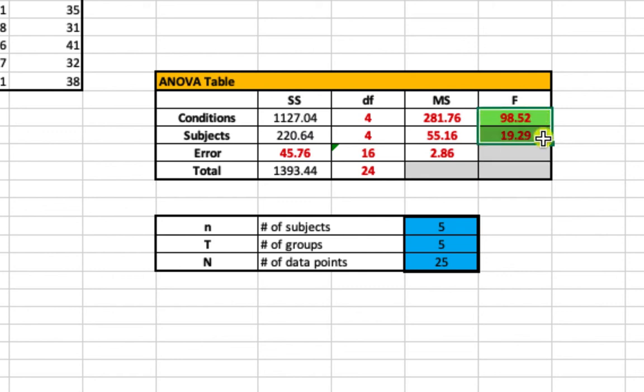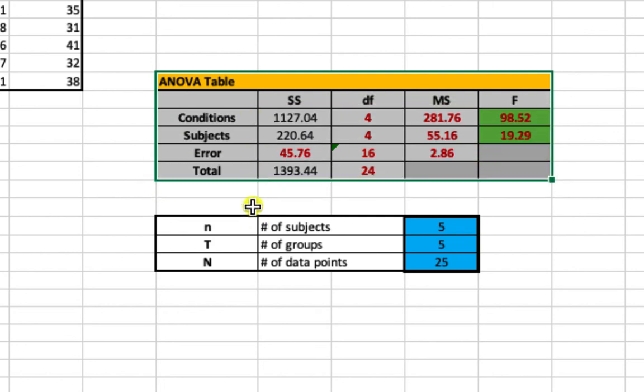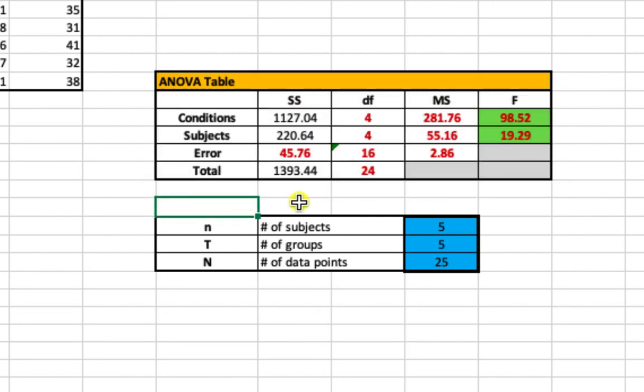If you get the right answers, your boxes in your table should turn green. This would be a good sign that all of your calculations went smoothly. From here, all you have to do is copy and paste this table into the answer sheet, and then we will see you in the next video for practice 2.